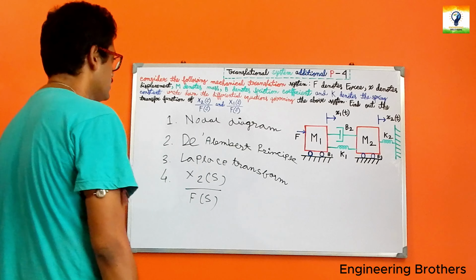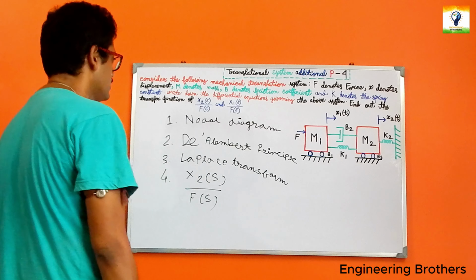In our next part, we need to consider that there is some friction coefficient, named B1, present between the wheel and the solid surface. So let us include the B1 as well. You can see we need to include our B1 here. So this is our B1, which is considered as our dashpot system.